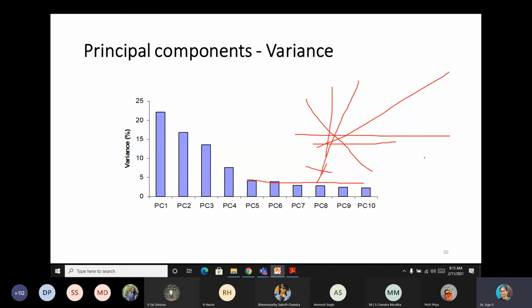Out of the 10 principal components, we can take 1, 2, 3, 4 only, because if you observe, this variance is reducing. Only when the variance is very high can it contribute more to the classification. If the variance is very small, then the classification becomes very difficult and the accuracy will not be high. So the variance should be high; only then will the classification achieve good results.